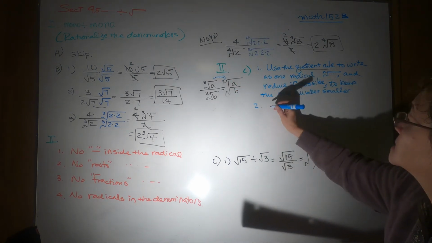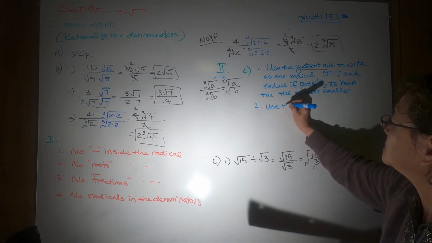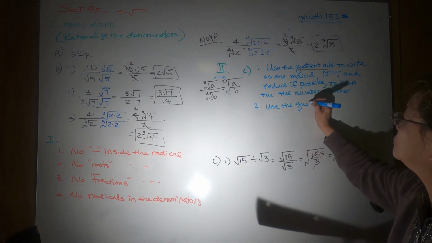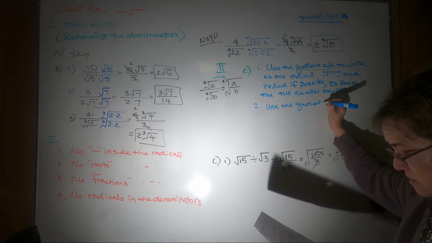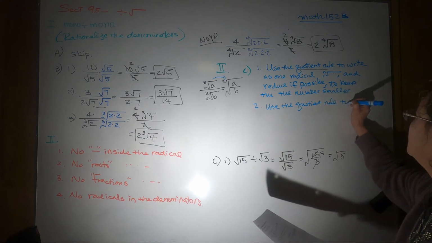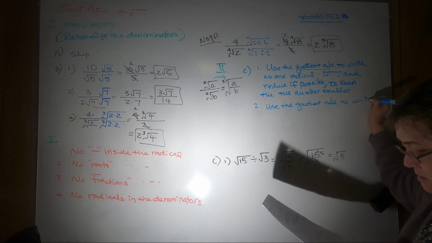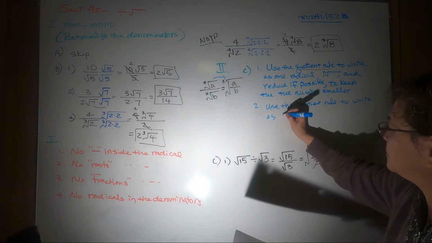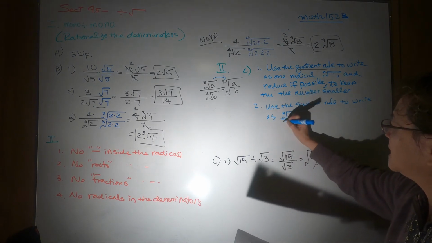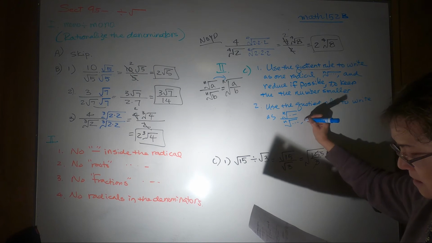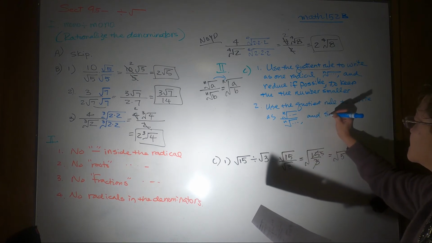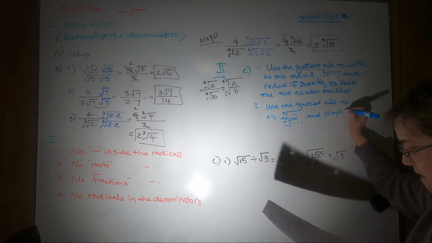Another one is to use the same thing, use the quotient rule to write as separate radicals. You write them separately, right? And you simplify them, okay?